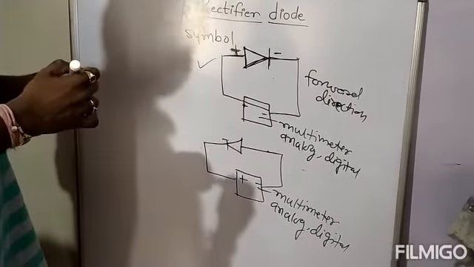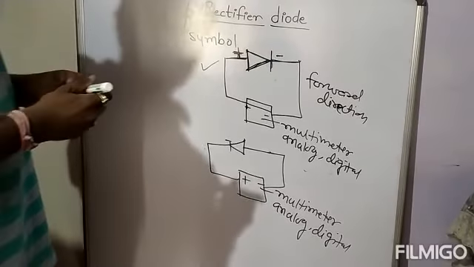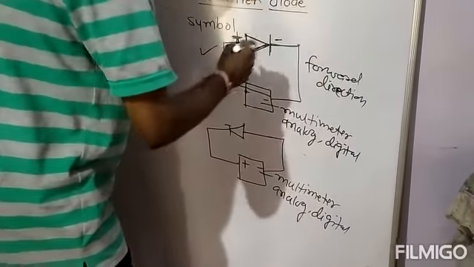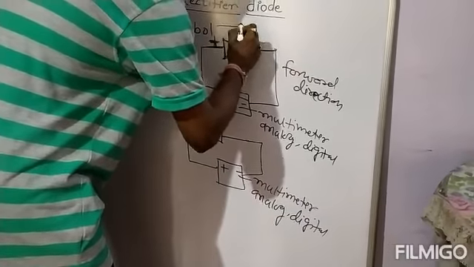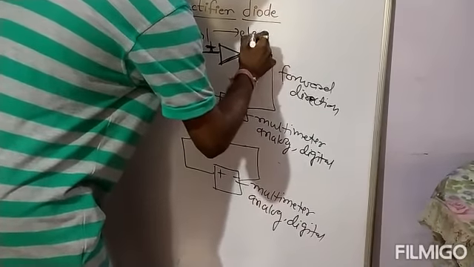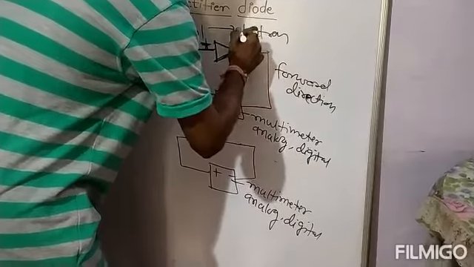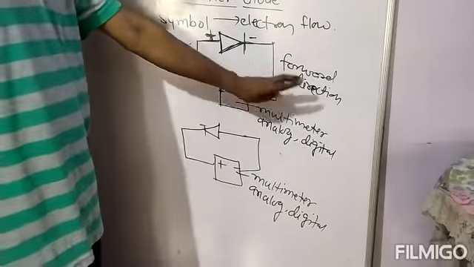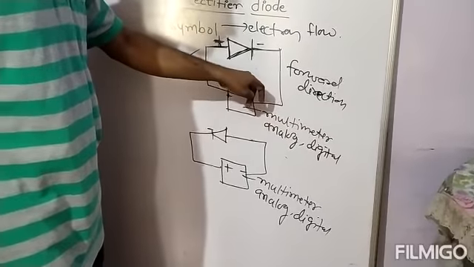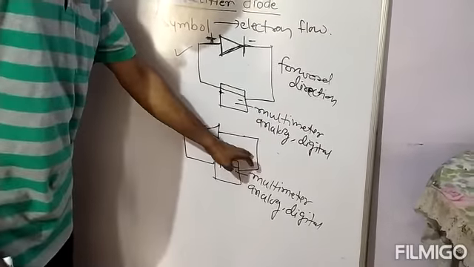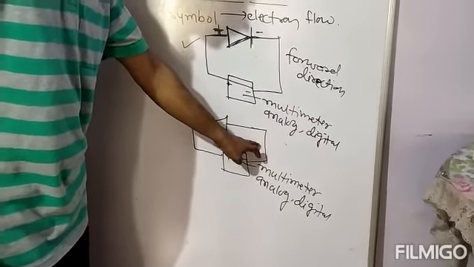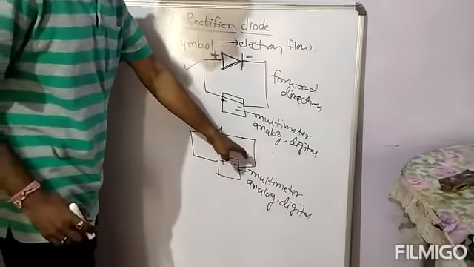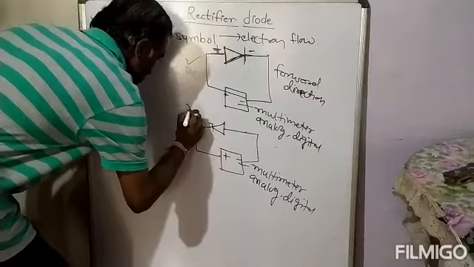Okay. So whenever a diode is in forward direction, just see this diagram. Whenever a diode is in forward direction, diode conducts, or there is a flow of electrons. Whenever a diode is in forward direction, there is a conduction of electricity, and whenever the diode is in reverse direction, there is no flow of electrons, and it is also called an open circuit.